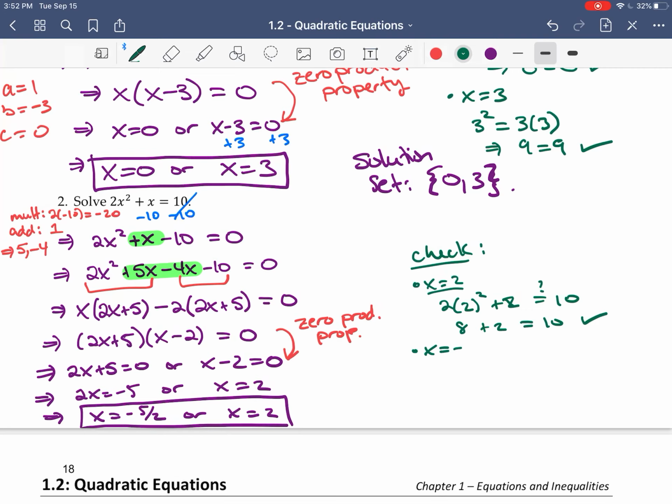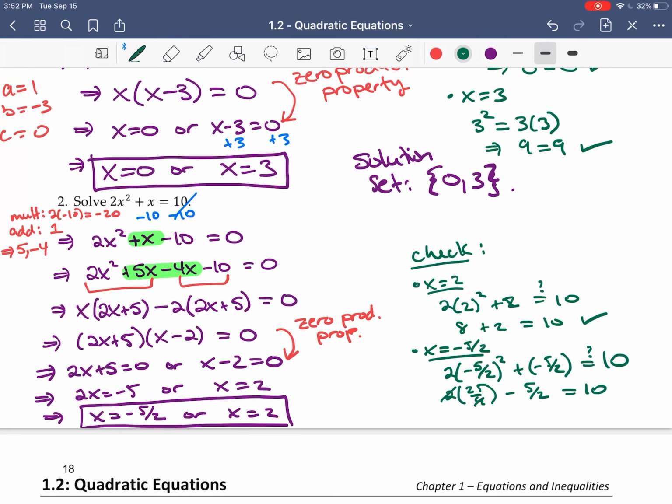Okay, now what about x is negative 5 over 2? 2 times negative 5 over 2 squared plus negative 5 over 2. We want to know, is that equal to 10? So negative 5 over 2 squared, that's going to be 25 over 4. This is minus 5 over 2.